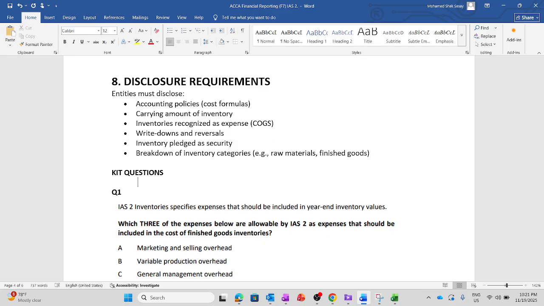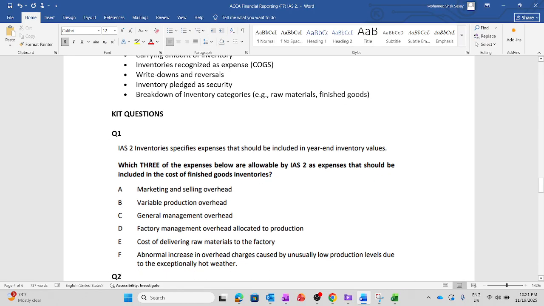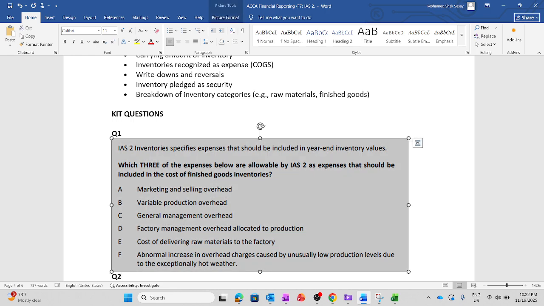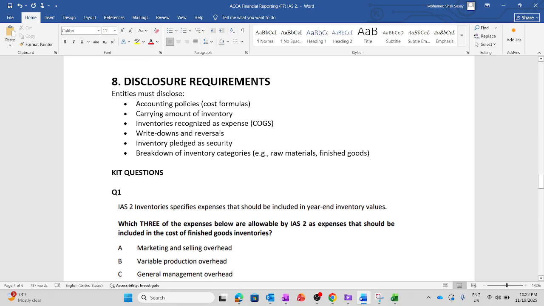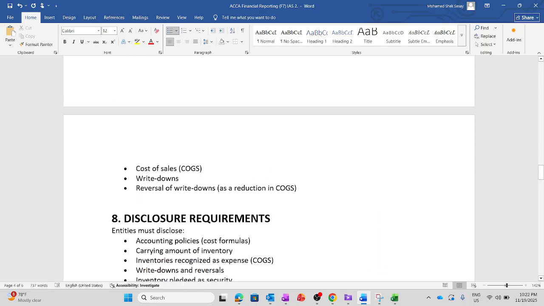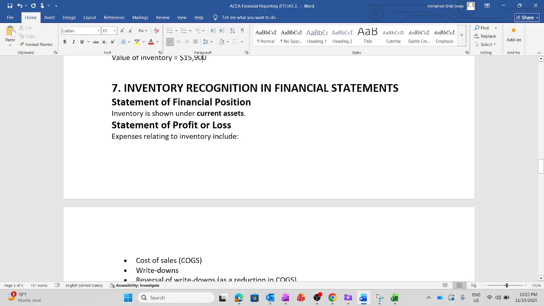So I have a few questions from the kit that we are going to solve during our live online session. I'm not going to solve any question on the recorded video. So the important thing that you need to take home with you, you need to know the distinction of the inventory as I explained, and also you need to know how you can value your inventory.